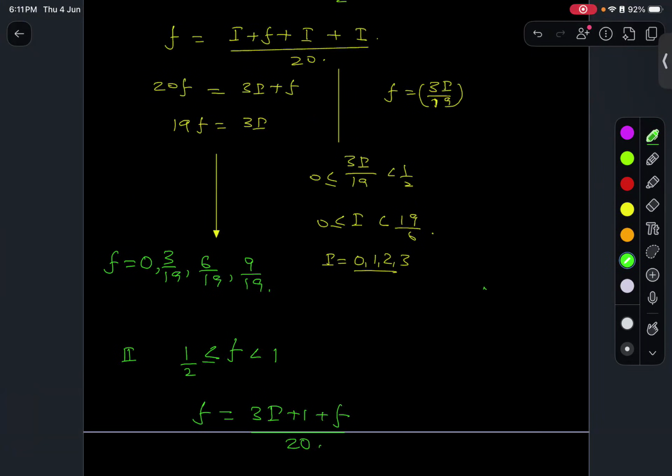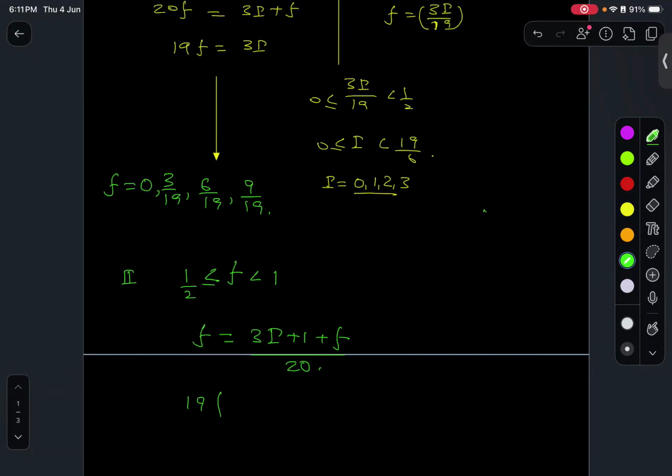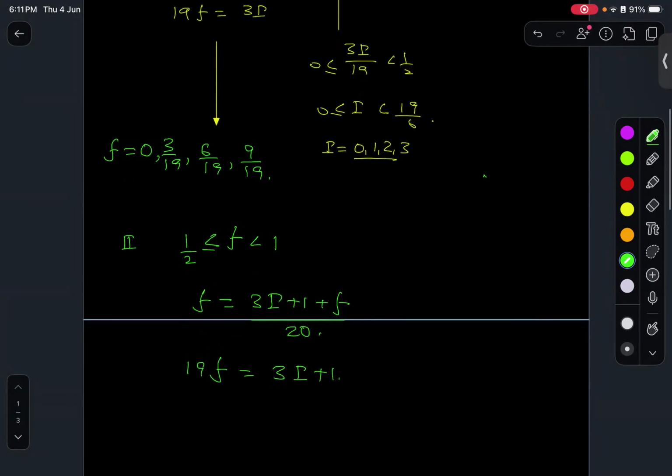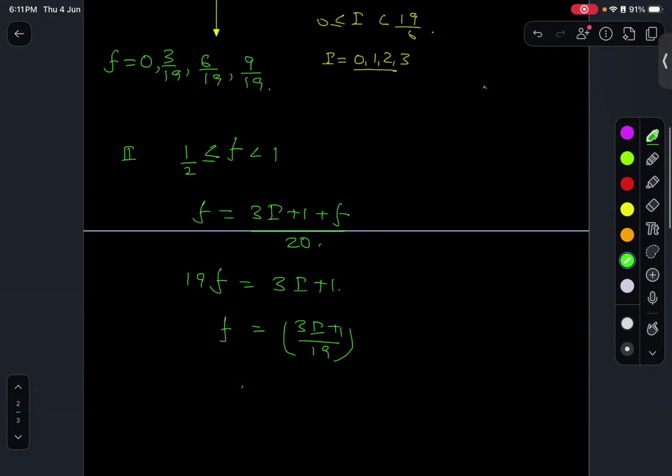This 1 is because the fraction part is exceeding half, so half plus half will be 1. So 20f minus f, 19f, is equal to 3I plus 1. From this, I can say f is again 3I plus 1 by 19. And this value, 3I plus 1 by 19, lies between half to 1.